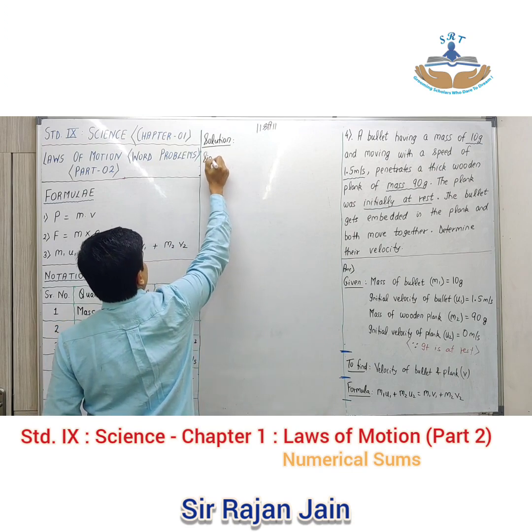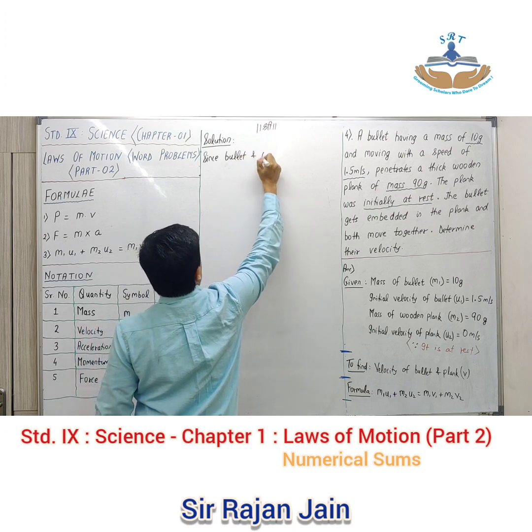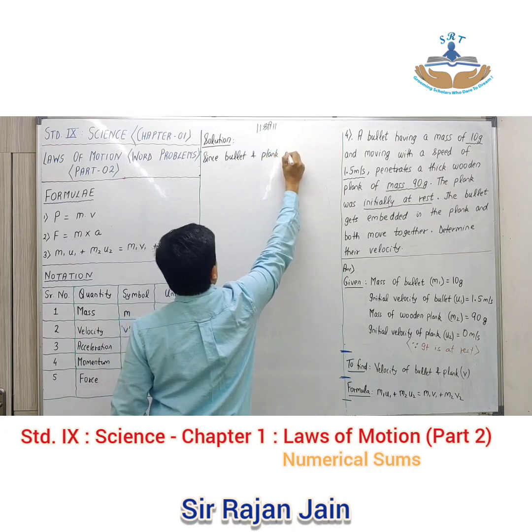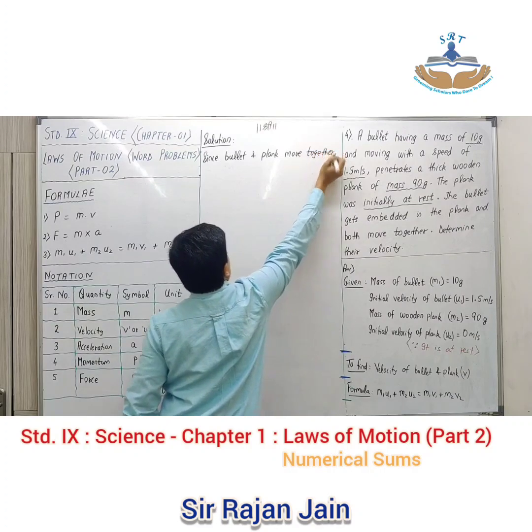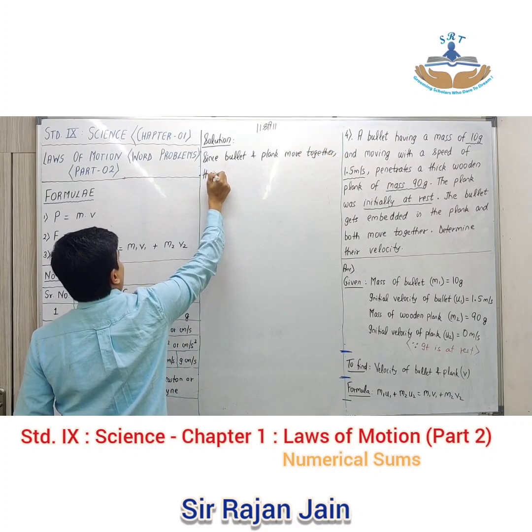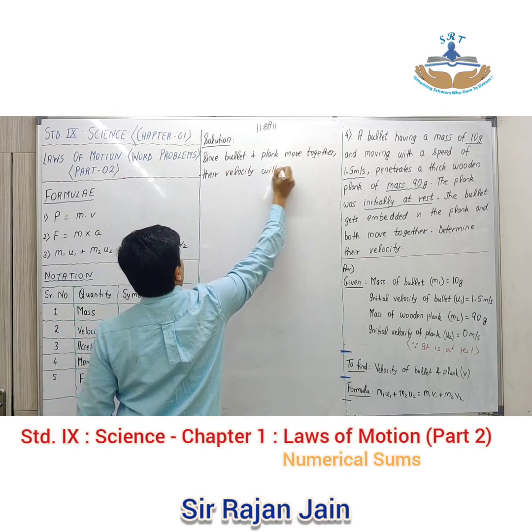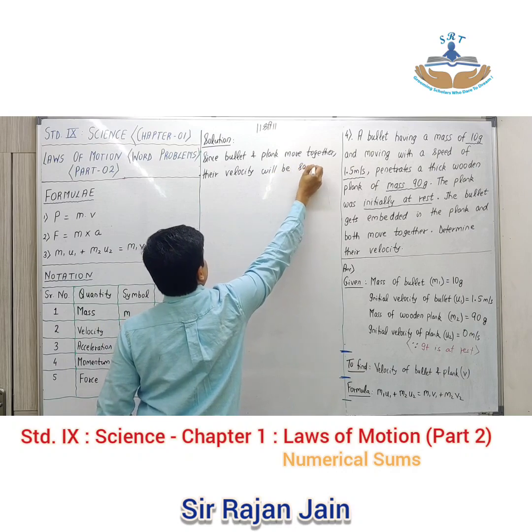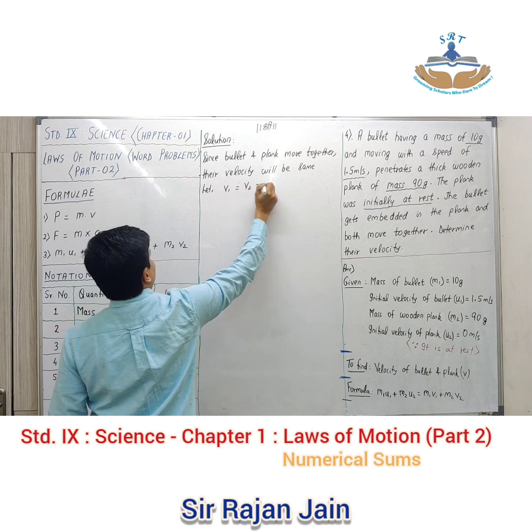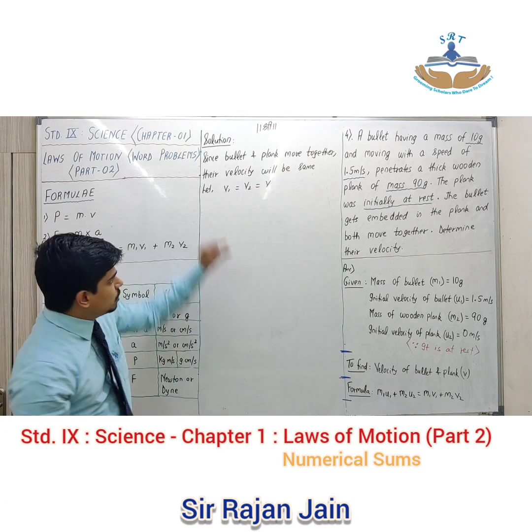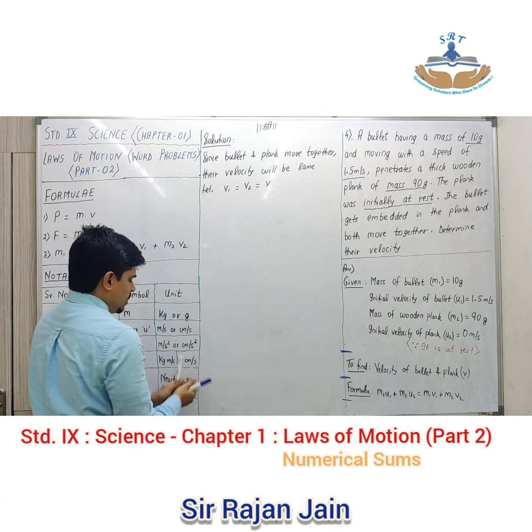I'll say since bullet and plank move together, their velocity will be same. So I say let v1 equal to v2 be equal to v. Now you may directly write the formula, or you can first write one statement also.